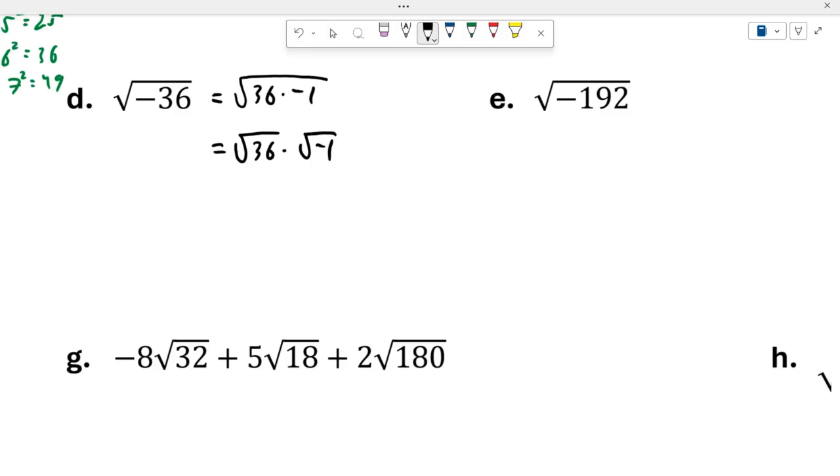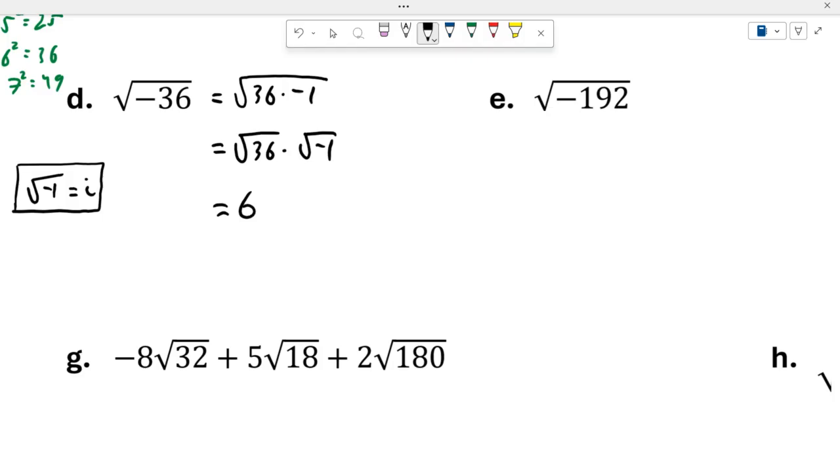All right. Well, the square root of 36 is 6. And then I have the square root of negative 1. The square root of negative 1, by definition, is the imaginary unit. It's i. This is hardwired into mathematics.